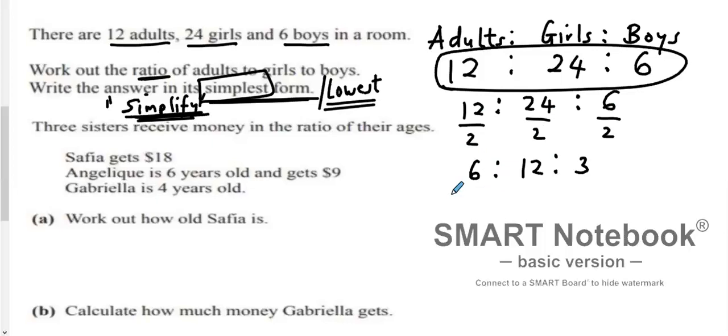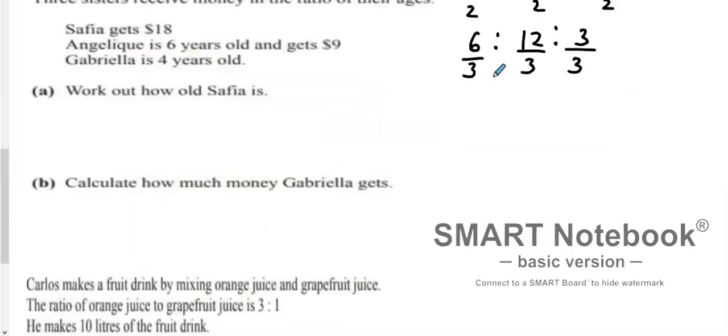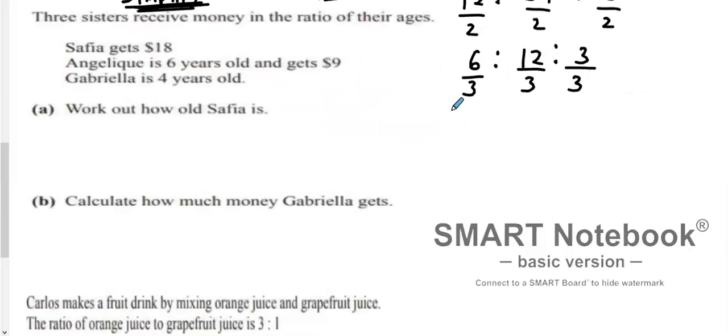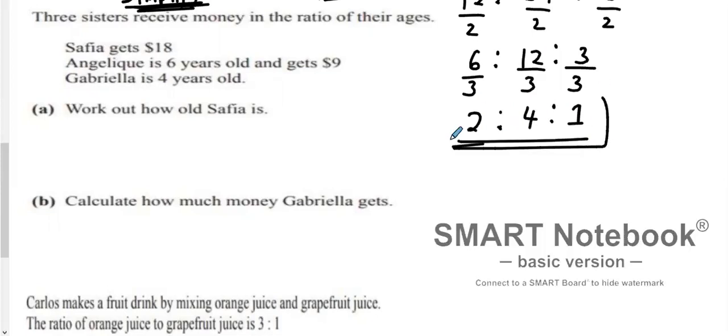And again, do we have another number that divides all of these 3 numbers? Yes, we have. This is 3. So you have to divide by 3. When you simplify that, you get 6 divided by 3 is 2. This is 4. This is 1. See that? This becomes your final answer.